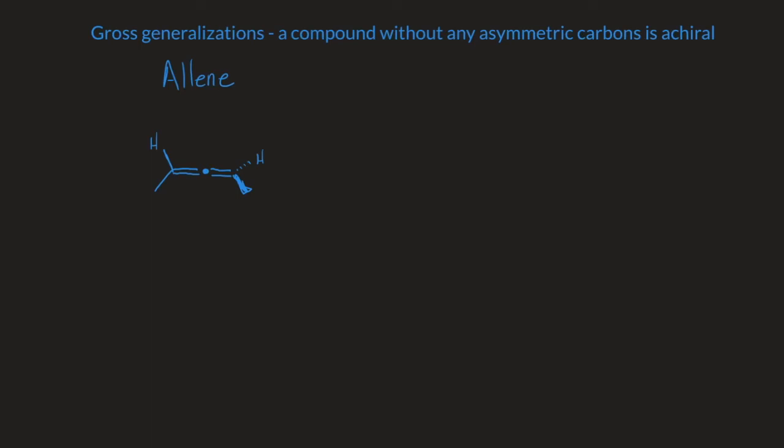That carbon is sp hybridized because it's participating in 2 different double bonds. The way the p orbitals form these bonds, it is necessary that if the 2 groups on this side of the molecule are in the plane of the page, the 2 groups on this side of the molecule are coming into and out of the page, or they're perpendicular to the plane of the page. This molecule, despite the fact that it doesn't have any asymmetric carbons, is chiral.